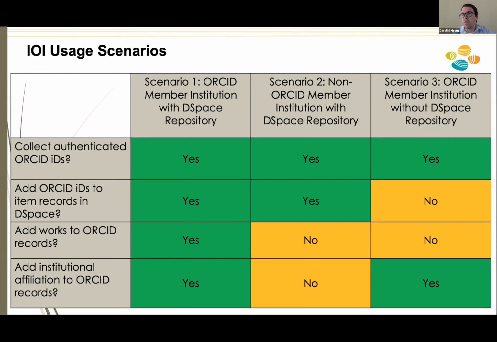Or if you are an ORCID member institution, but you don't have a DSpace repository, you could potentially use this just for managing the institutional affiliation on the ORCID records, so for sending information that says this person is a student at this university starting from this date, that kind of information.